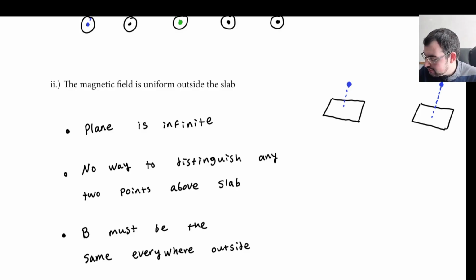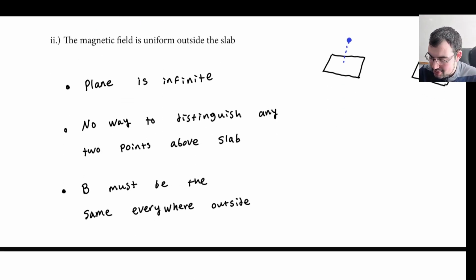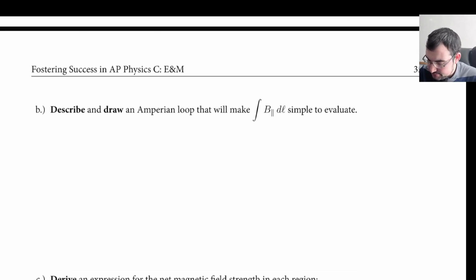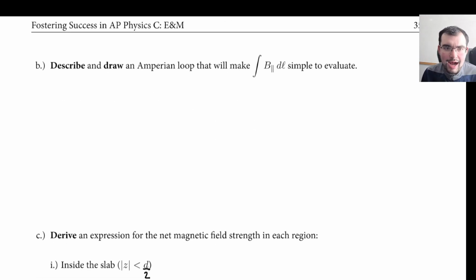But I thought this was kind of interesting. There's no way to tell whether you're slightly above the plane or really far above the plane because all you see is plane. So there's no way the magnetic field knows either. Kind of odd, but of course it's odd. It's an infinite conducting plane.